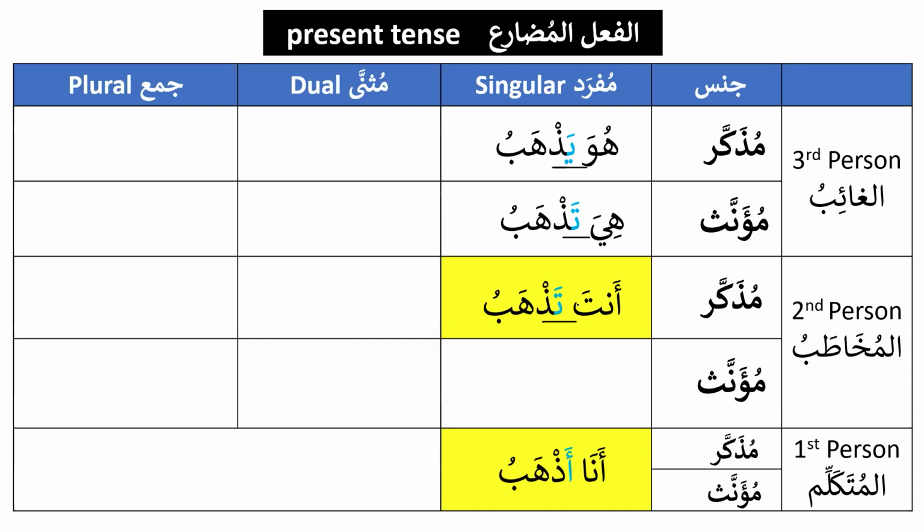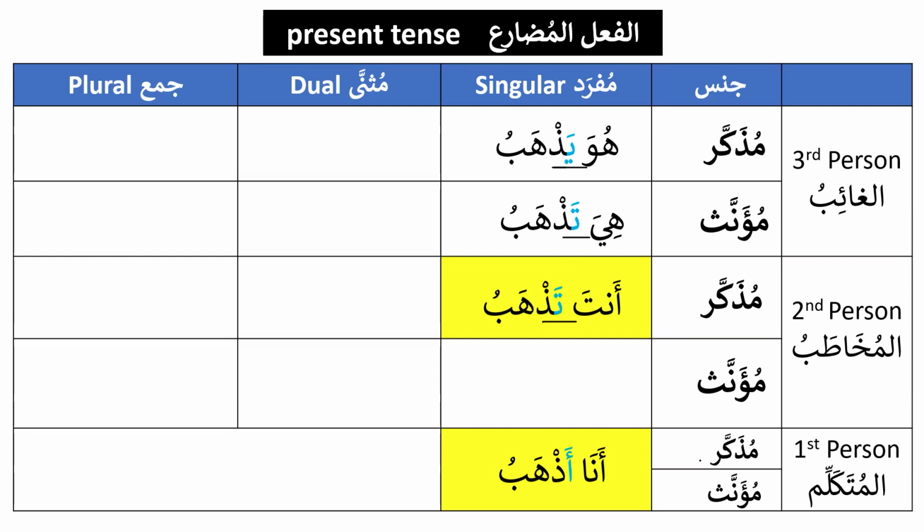If you're talking to someone right in front of you, singular masculine, you will say anta tadhhabu. And if you talk about someone who is the third person feminine, that means hiya tadhhabu. So we know from the context, min as-siyaq, whether we are using tadhhabu for the third person or for the second person.